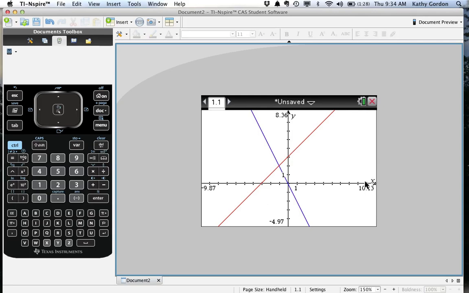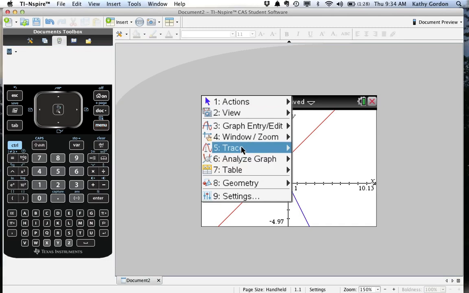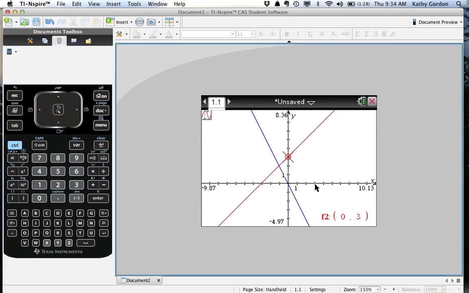Now, what we're talking about when we say we want to add these two functions is that at any given value of x, both of my functions give me an answer. So in my negative 2x function, when x is 0, y is 0. And in my x plus 3 function, when x is 0, y is 3.